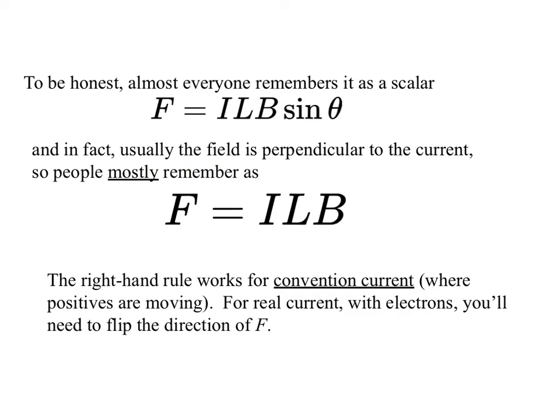So you mostly remember this as the force is ILB, the current times the length times the magnetic field. The right-hand rule here works for conventional current, where the positive charges are moving. For real current with electrons, you'd need to flip the direction of F.